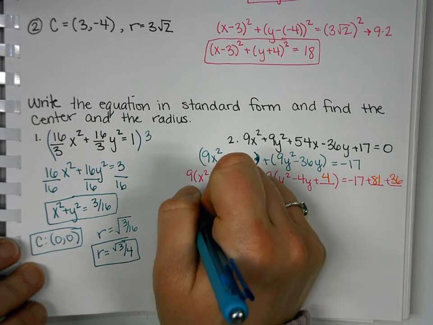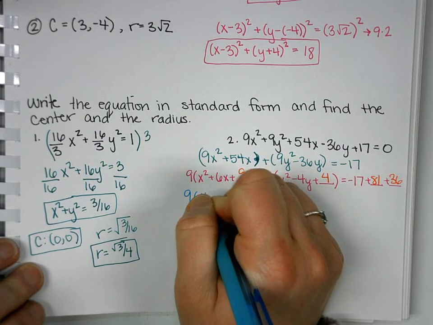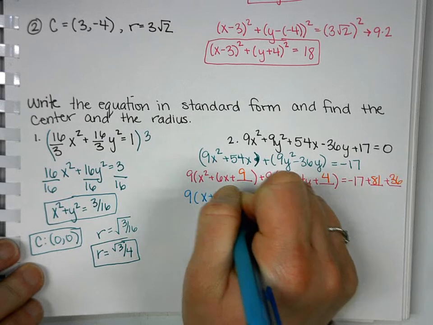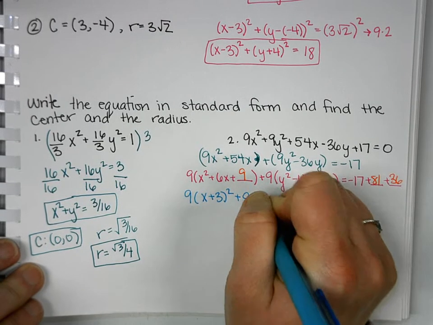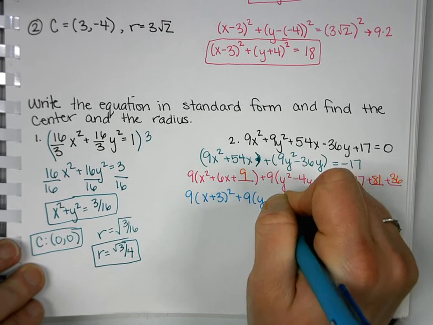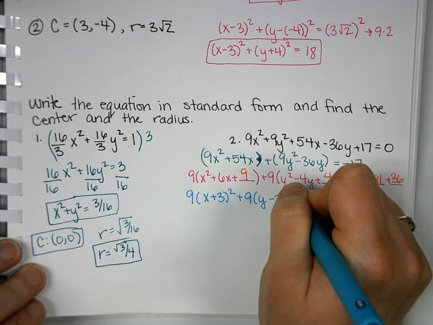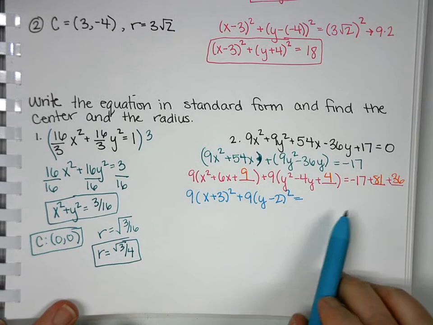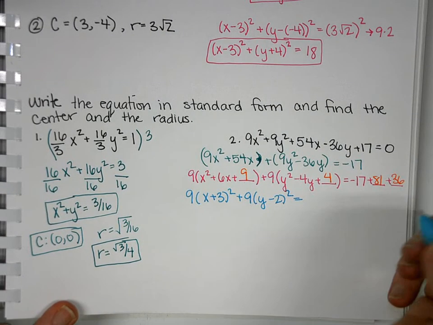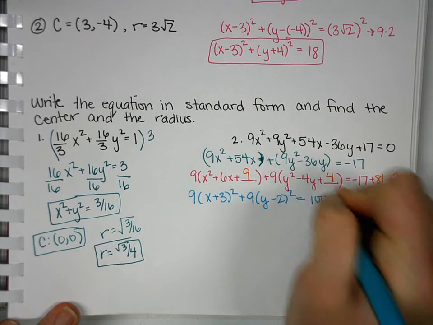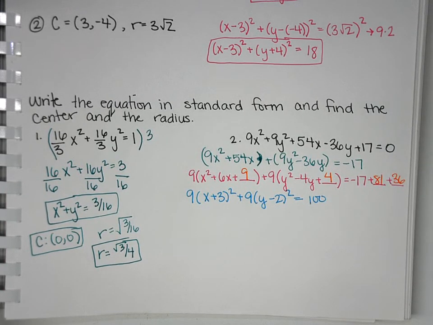Next, we're going to factor. So we'll have x plus 3 squared and y minus 2 squared equals, and when we add all of these together, I believe we get 100. So we're almost there.